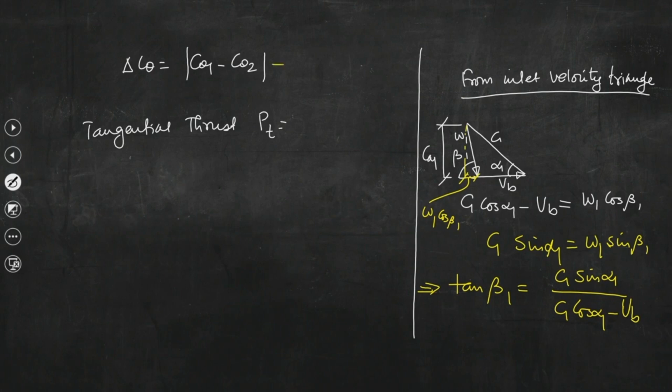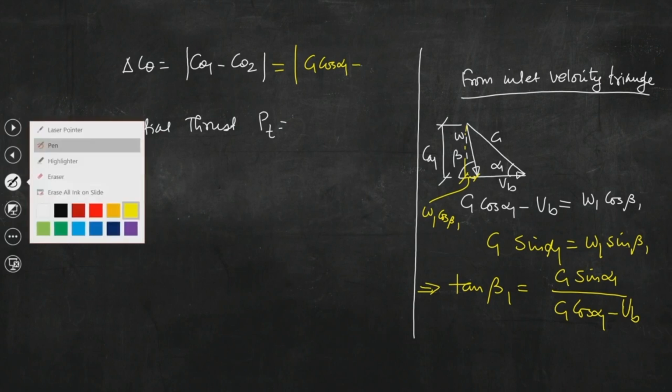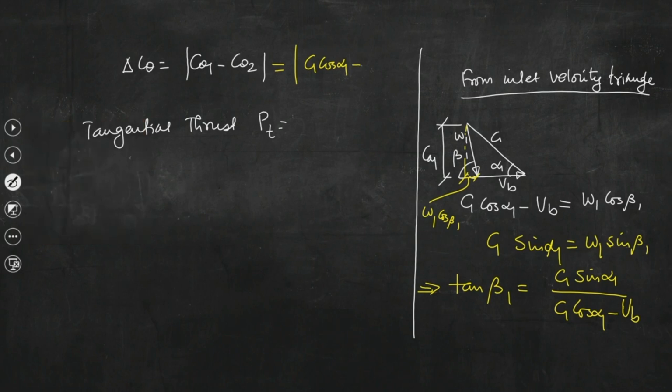And if we try to draw the outlet velocity triangles, we can draw it.